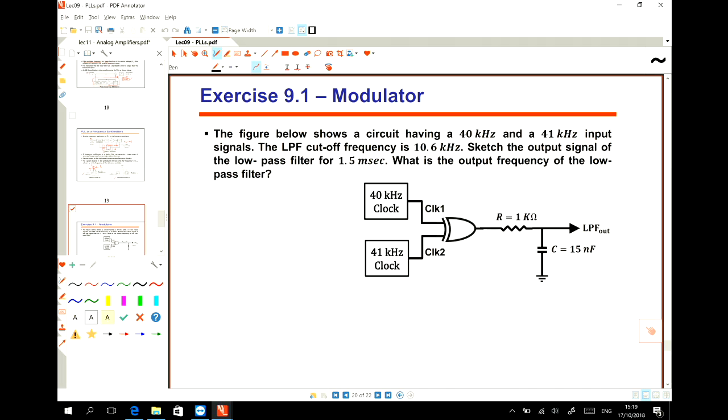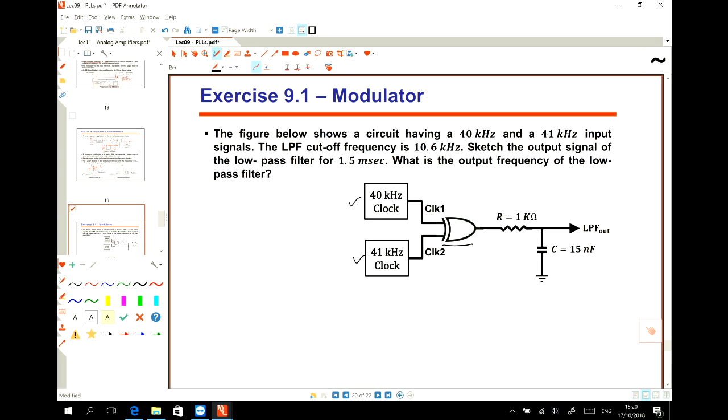So for exercise 1, it says that we have two sources of clock, 40 kilohertz and then another clock 41 kilohertz, and then we apply those two into an XOR. So what's the application of the XOR in a PLL?